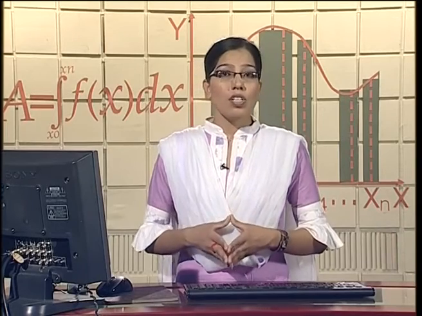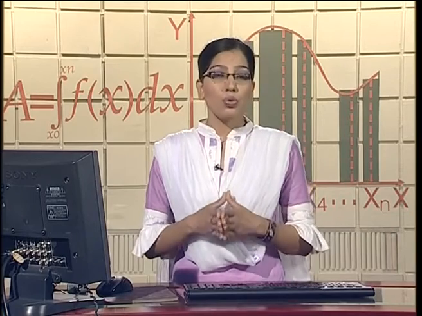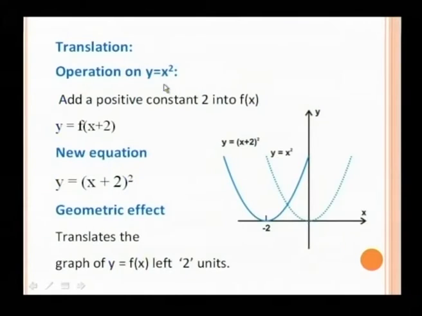Let's again consider another example which shows the addition of a constant within the function. You can see that example on the screen. Again over here we consider the same function, which is y is equal to x square, and you can see this dotted line as the graph of y is equal to x square. We perform an operation over here that we add a constant 2 into x.